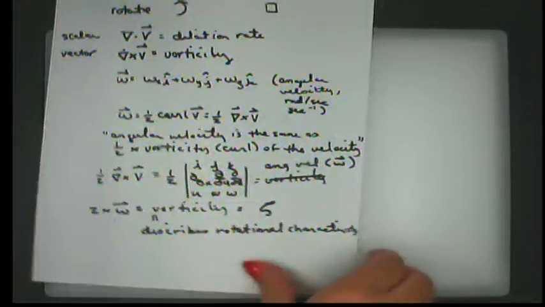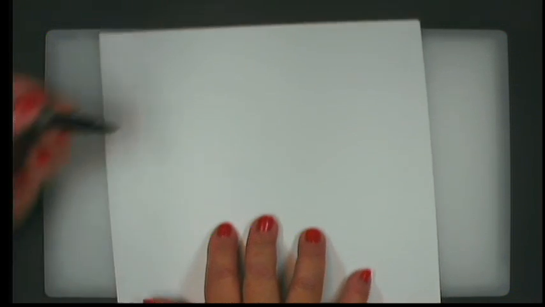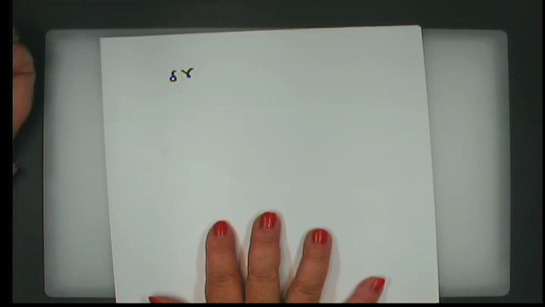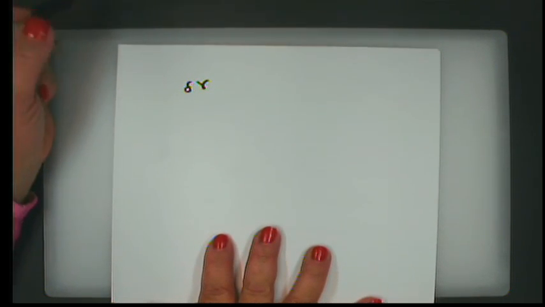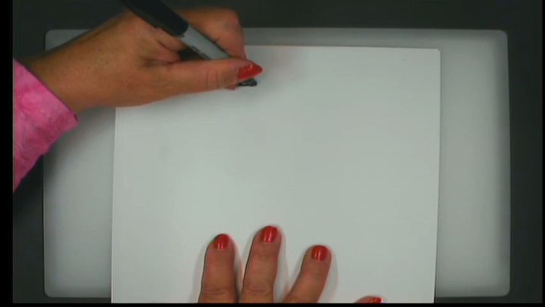All right, so continuing on with that idea, I'll get some more paper here on the document cam. We've talked about that. We need to just have a couple more definitions. Delta gamma is the shearing strain of a fluid.